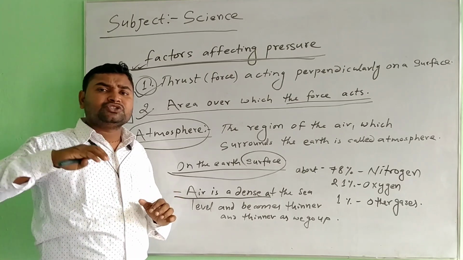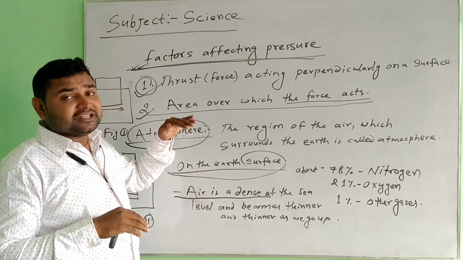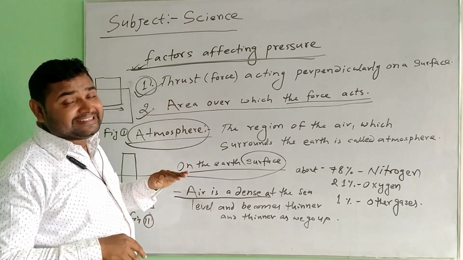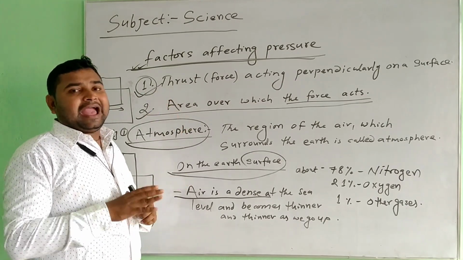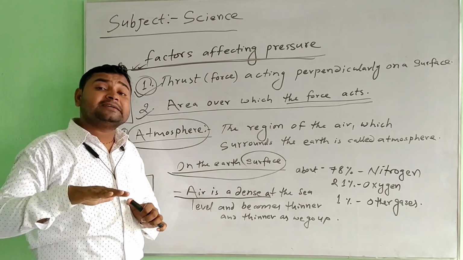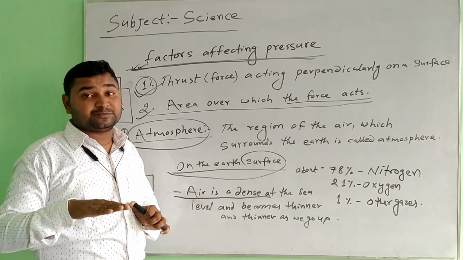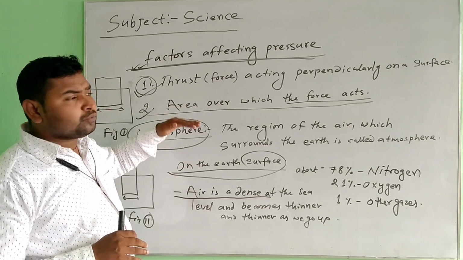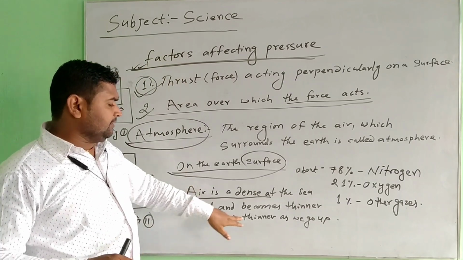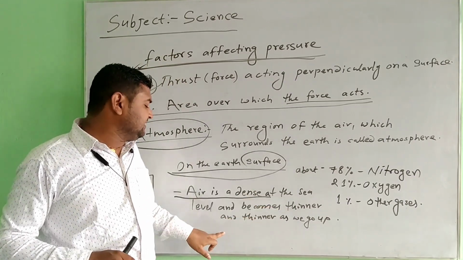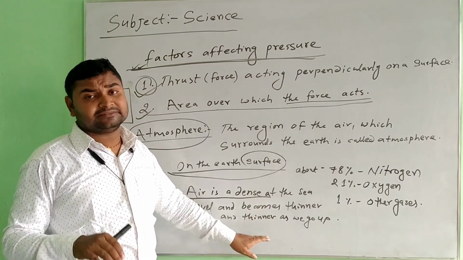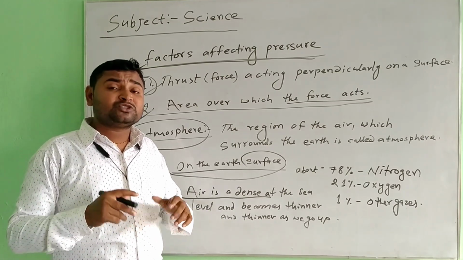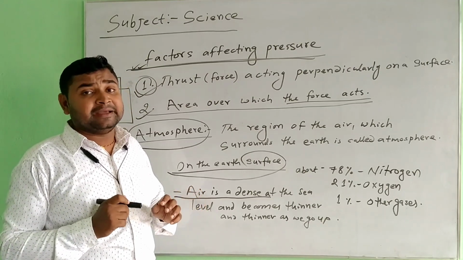It means when the altitude is more, the pressure is less. Atmospheric pressure decreases with height, and at sea level there is the highest atmospheric pressure. As the height increases, the density of the air becomes thinner and thinner. So there is more atmospheric pressure at sea level.